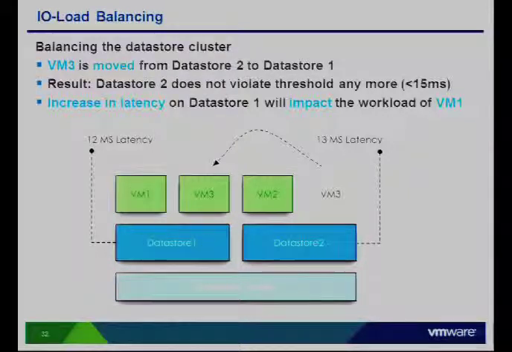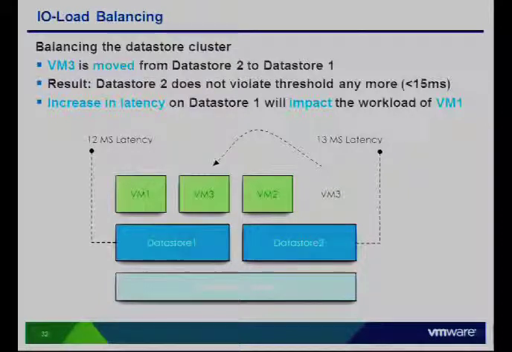Now the interesting part is we introduced in 5.1 something called data store correlation. The moment Storage DRS figures out that two data stores are backed by the exact same spindles, we do not generate I/O load recommendations for these data stores.